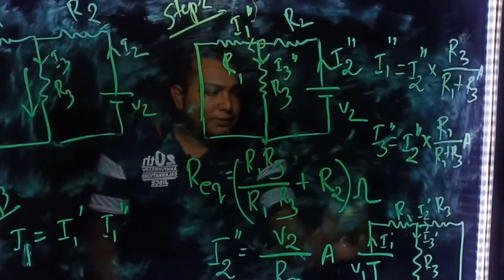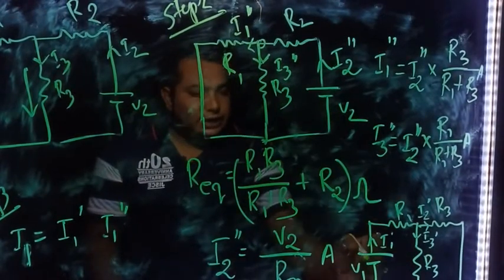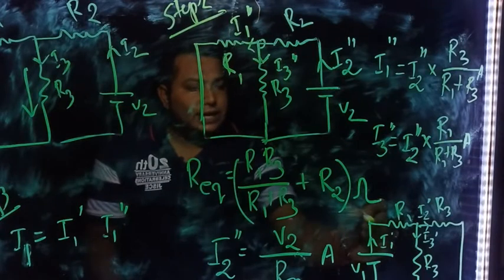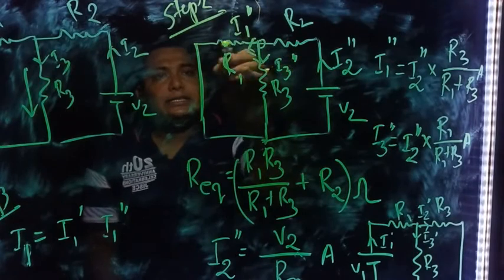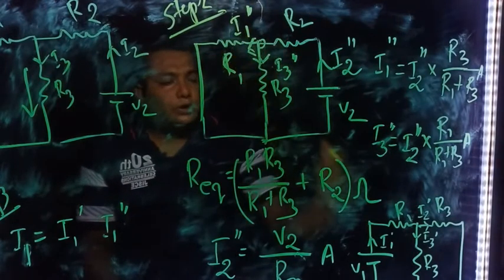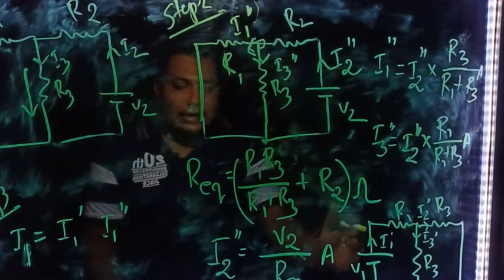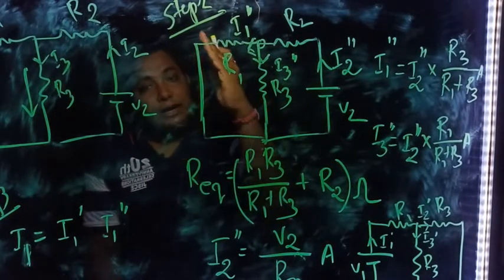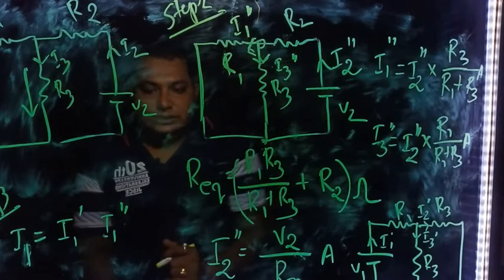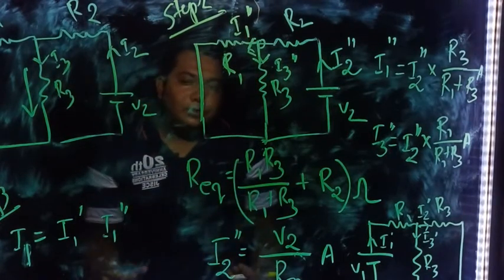When we consider the step 1 diagram, the direction of current was from this side to that side, and in step 2 the current direction is from this side to this side. So the directions are opposite. Again, I1 direction for step 1 is this, and the I1 double bar direction in step 2 is this. So we can say that both will be subtracted.